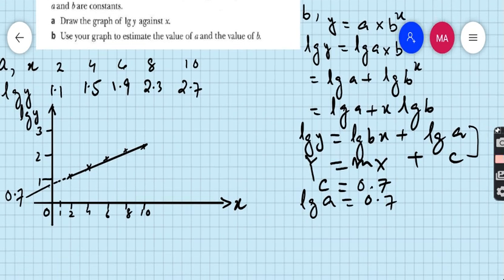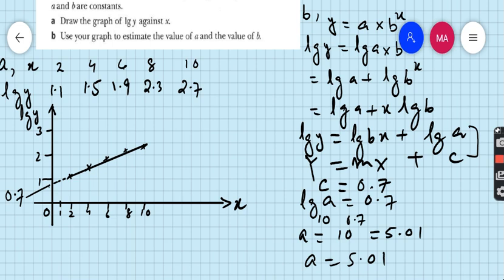Now this log means log base 10. So if you drop this log, you put 10 to the power 0.7 on the other side. 10 to the power 0.7 is 5.01. So a is 5.01.